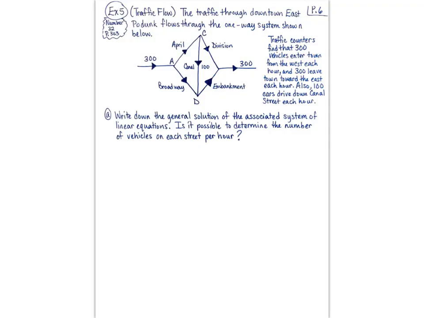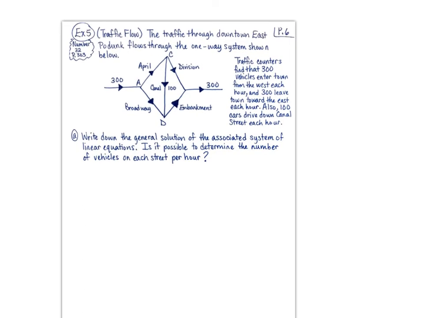All right, now let's go through our last example. So we're going to talk about traffic flow. The traffic through downtown East Podunk flows through the one-way system shown below. Traffic counters find that 300 vehicles enter town from the west each hour, and 300 leave town toward the east each hour.